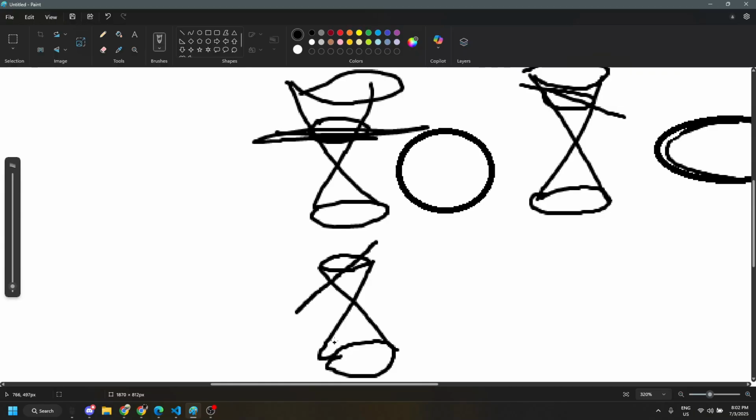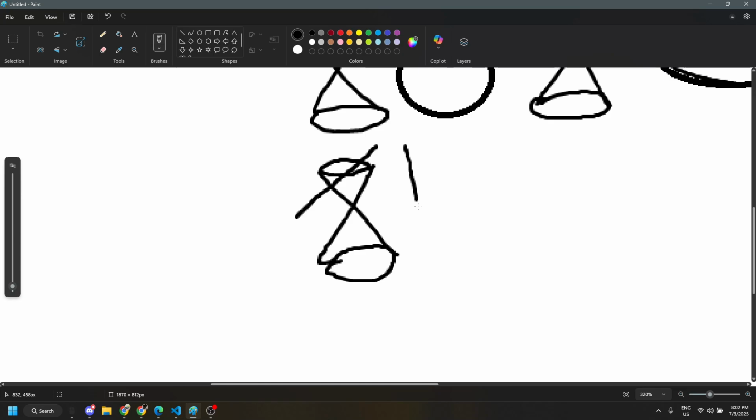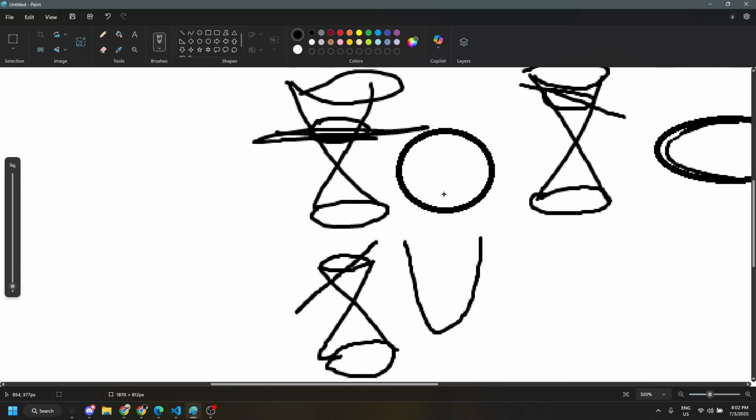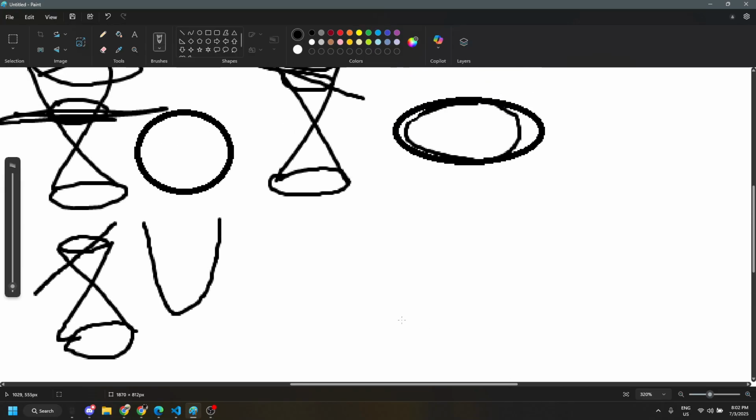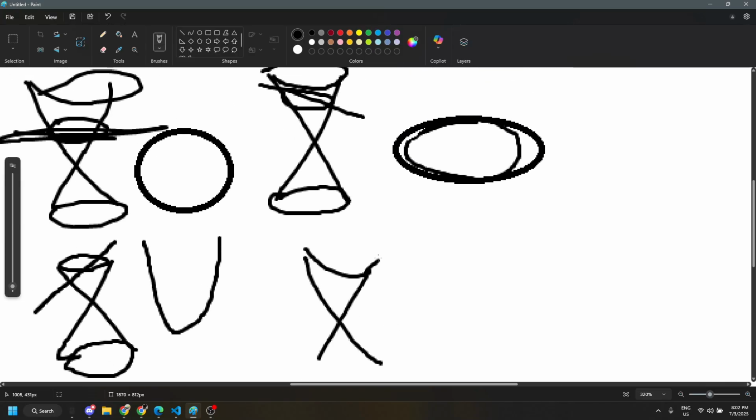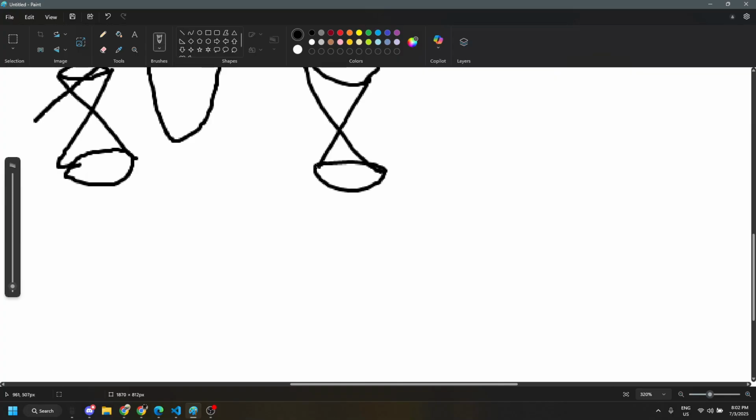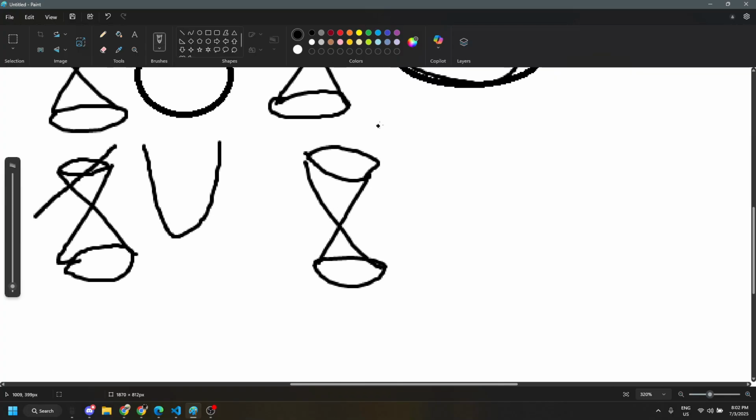So I believe it has to be parallel here. And of course, a parabola looks like that. And the hyperbola is where it intersects, and it looks something like this or this.